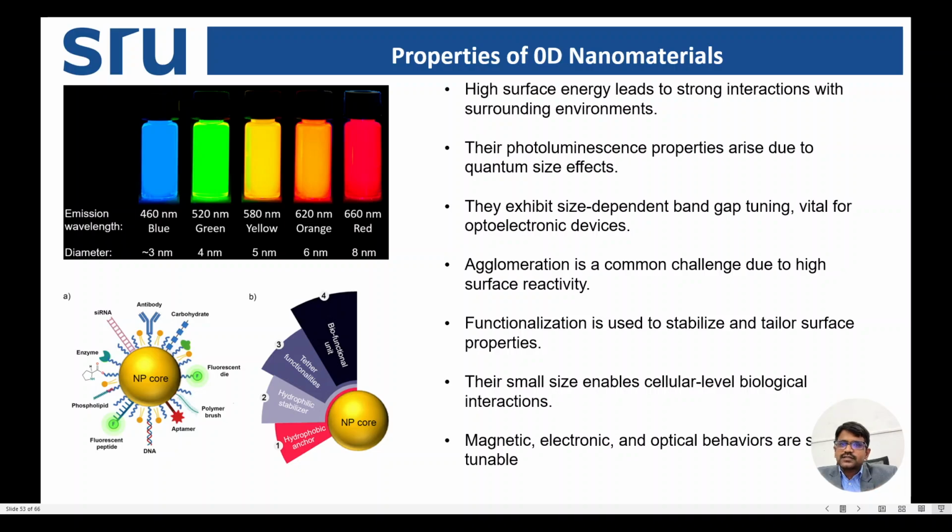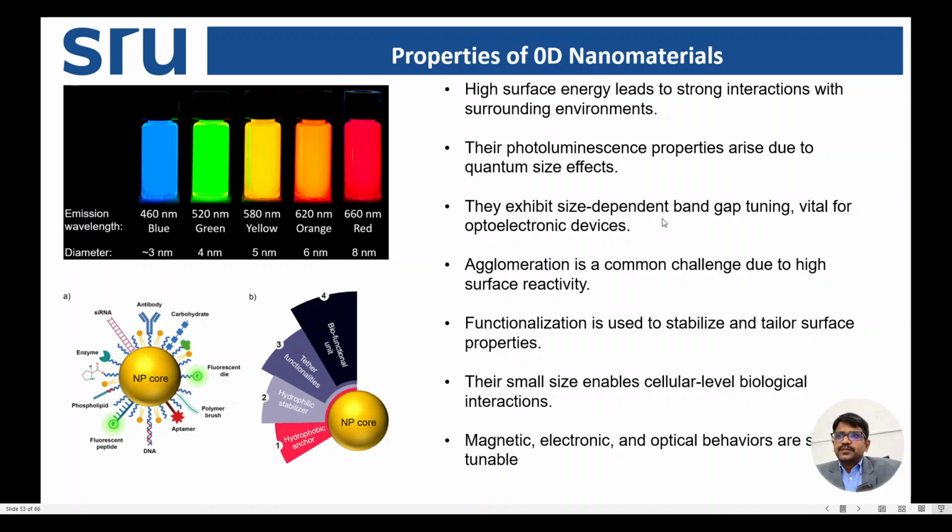Water is the environment. If you disperse any quantum dots or nanomaterials, it can immediately react with the surrounding medium, whether air, water or some other medium, because of high surface area.